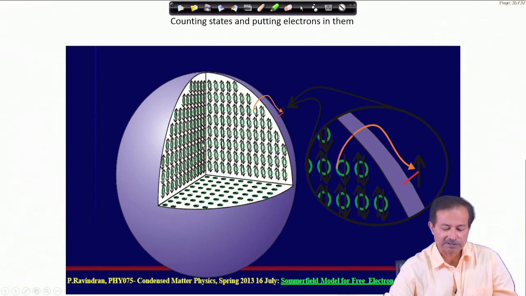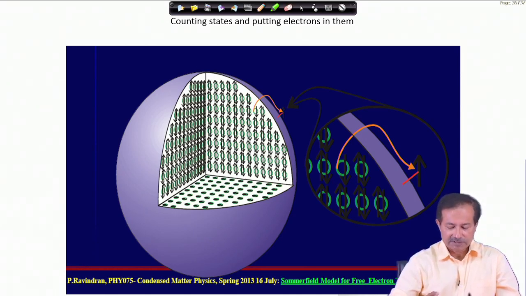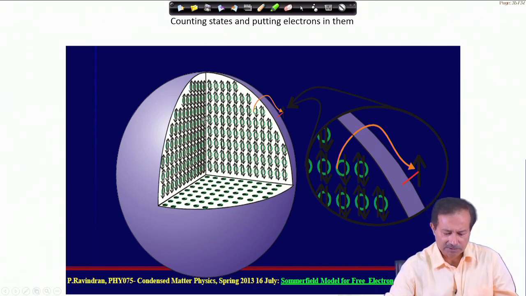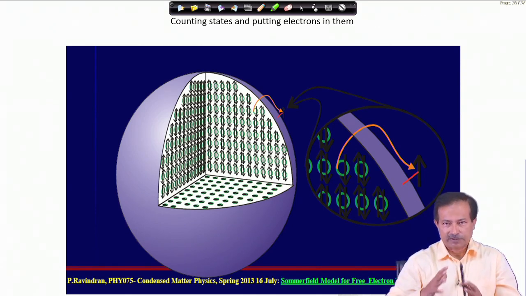If I want to excite a state from here, I have to give a huge amount of energy. That is the kind of physics that we will discuss in the next class, but this is a beautiful illustration of how to count the states and put the electrons in the respective states, starting from the lowest energy state and filling up a so-called Fermi surface, or Fermi volume.